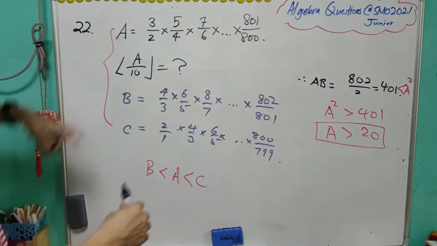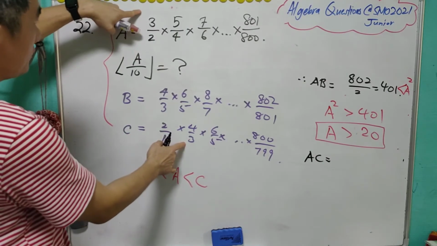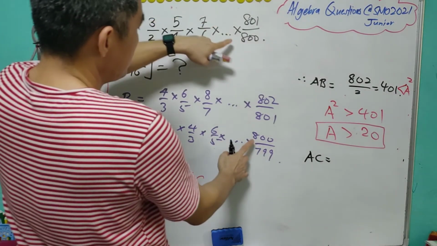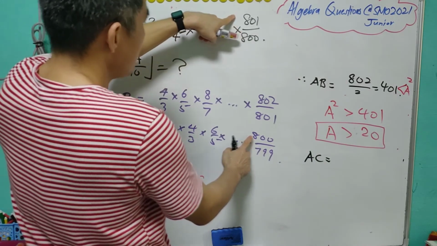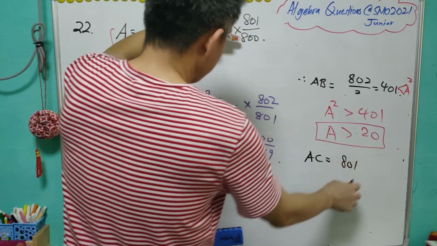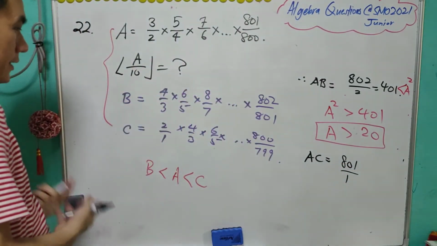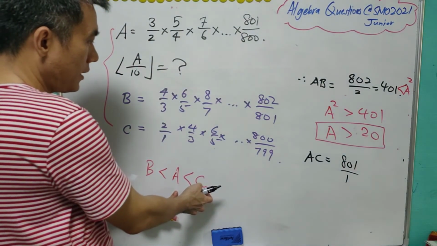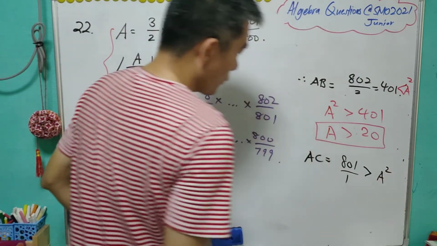Next, we'll consider a and c. In a times c, 2, 3, 4, 5, 6, and so on and so forth will cancel until 800. And what we are left with here is 801 over 1. Again, a is less than c, so ac will be greater than a times a, that's a squared.